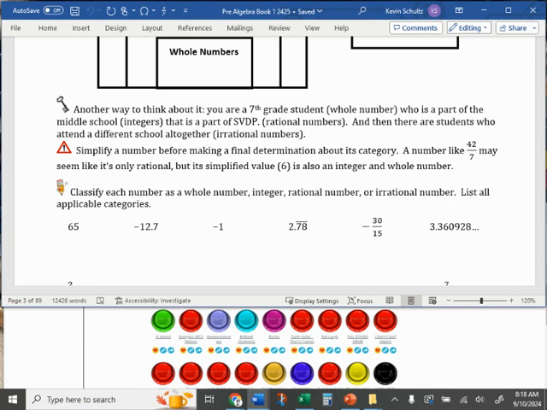You're more specific. And the middle school is a part of St. Vincent de Paul. They're like the rationals, right? That's the biggest set. You can be a 7th grader, be a part of the middle school, and be a part of St. Vincent. But a student in St. Vincent might not necessarily be a part of the middle school or a part of the 7th grade. Okay? That's another way to think about how this whole number system works.